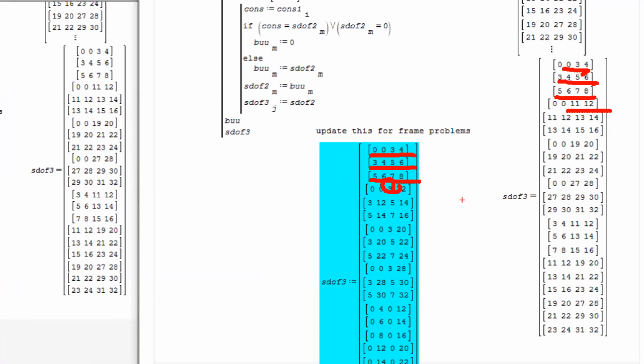I manually input it because there's already an established code for member 11 and 12. So I input manually 3 and 5 here instead of 11, 12, 13, 14.